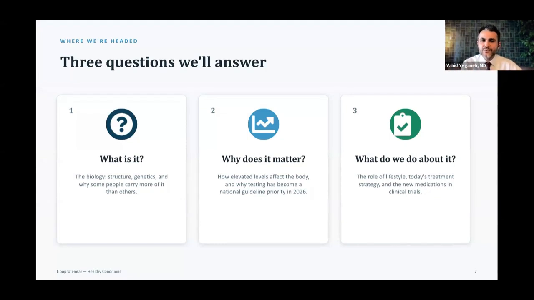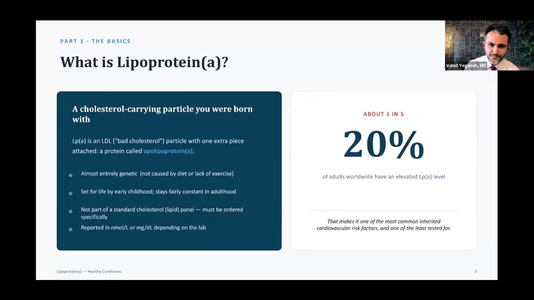We refer to it as Lp(a), so I'm just going to call it Lp(a) from here forward, as you can imagine it's got quite a long name. Once we understand what it is, why should we be paying attention to it? And if we do have high levels of this thing, then what are we supposed to do about it? That's the goal of this talk.